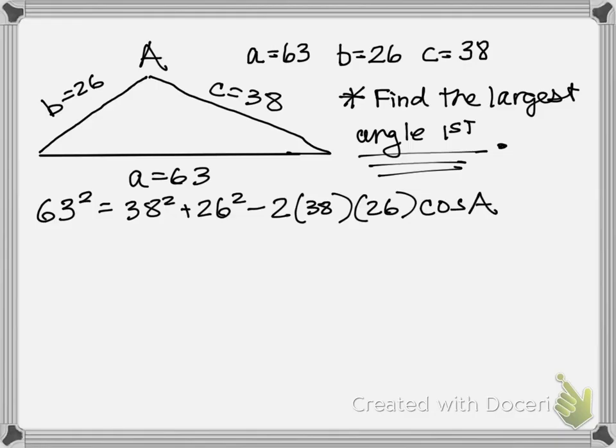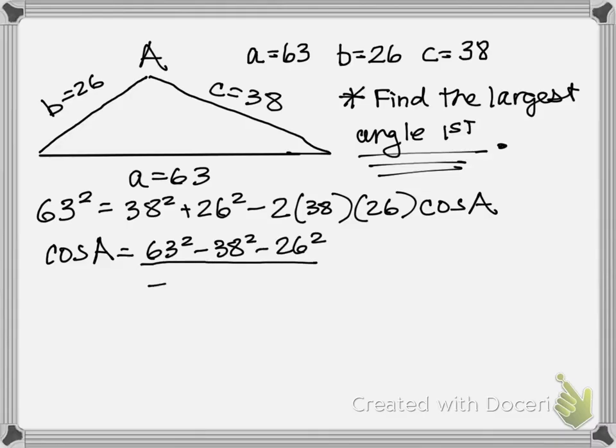I myself would probably just do a big calculator key-in from this point, but I'm going to show you the intermediate steps. So I'd say cosine A is equal to 63 squared minus 38 squared minus 26 squared. Follow that so far. Divided by negative 2 times 38 times 26. And that got me the cosine A isolated, right? And then angle A is equal to the inverse cosine of all of this.